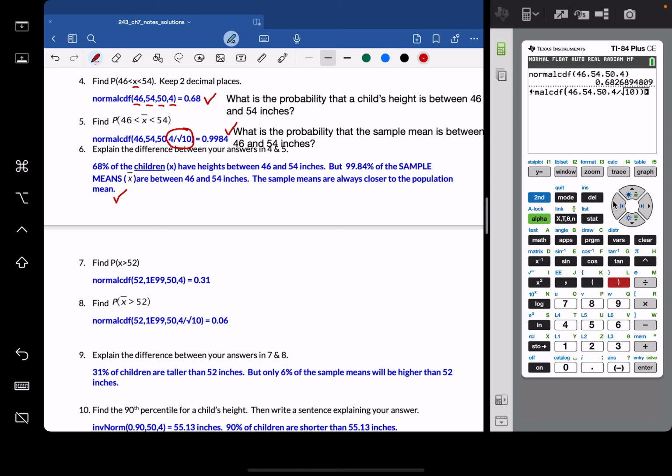I don't like that. Delete, and then I think I have to arrow out to get myself out of that square root. Oh, I don't even need parentheses. This calculator is a little slicker than the one I normally work with. Enter, and there's your 99.84%. So that was for questions 4 and 5.